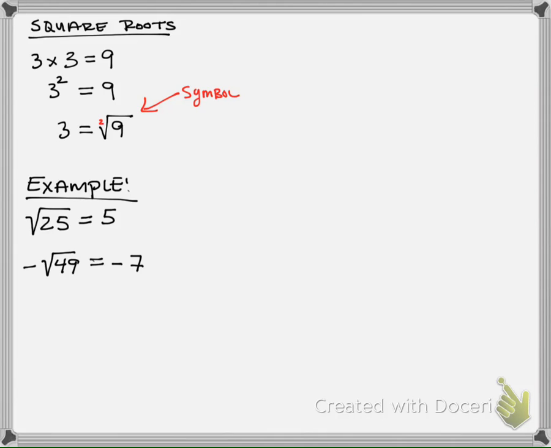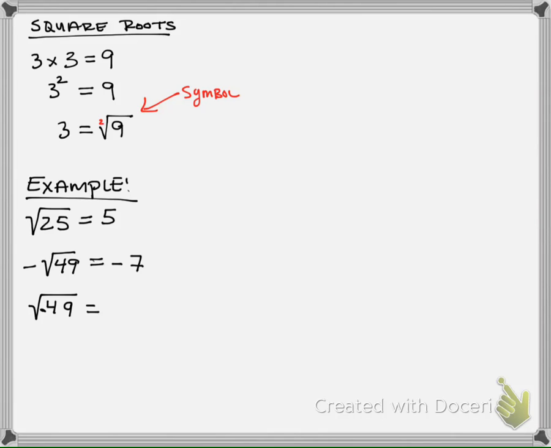However, if we put the negative on the inside, then we would not be able to solve our problem so easily. Because what this is asking is what times itself gives me a negative 49.